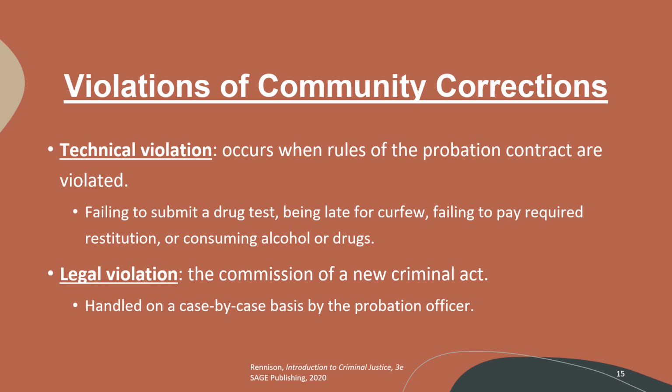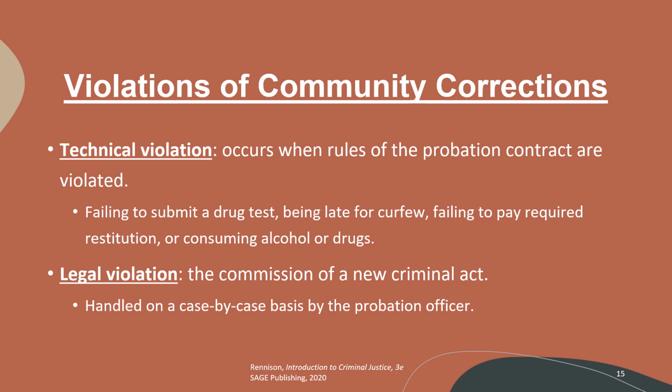All right. So, what happens when an offender violates their conditions, whether it be general or specific? There are two types of violations that an offender can have. The first is a technical violation. Now, if we think of these conditions of probation in terms of contracts, the offender signs a contract agreeing to these either special conditions and or general conditions to stay out of trouble in lieu of going to jail or prison.